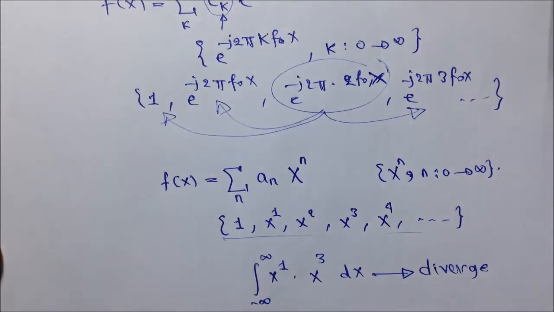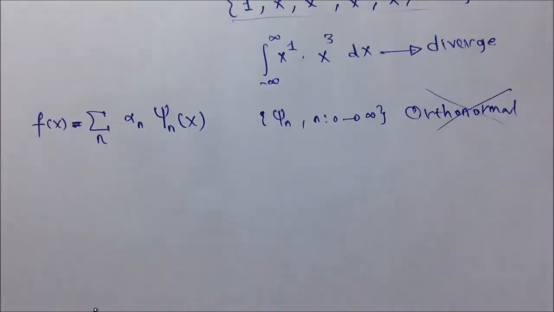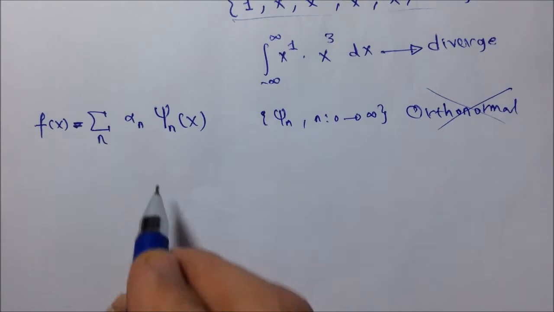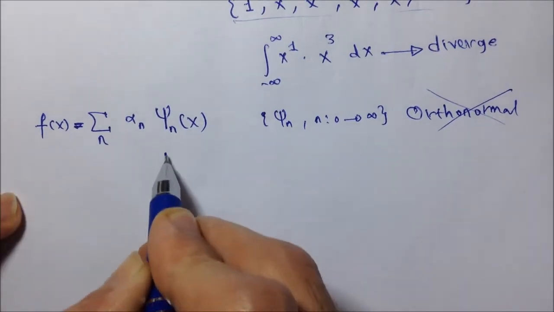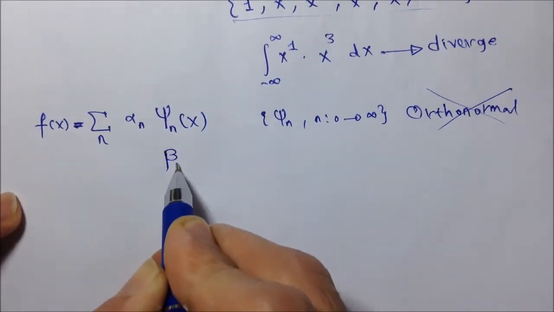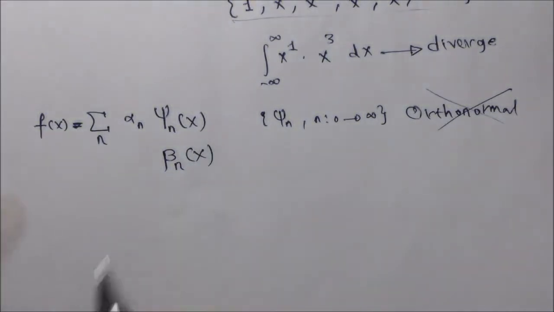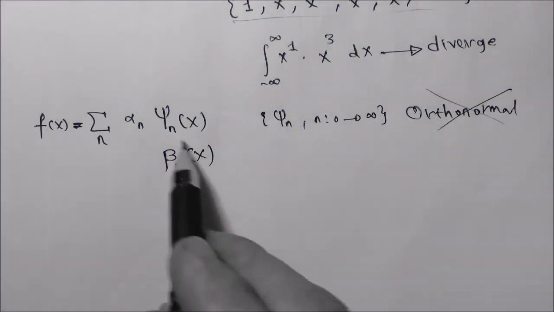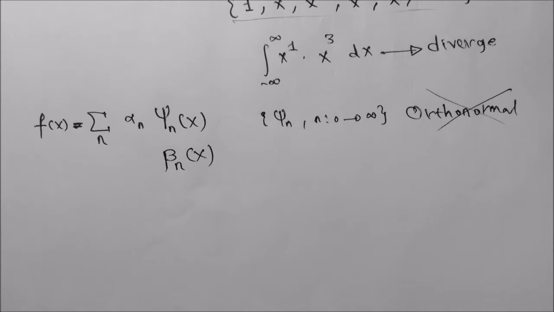Now, a set is said to be orthonormal if there is orthogonality between each and every single member of the set. So, here comes another set. Let's call it beta n of x. This kernel and this kernel are said to be bi-orthogonal because they satisfy the following property.